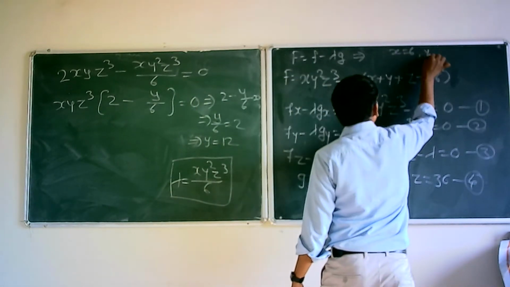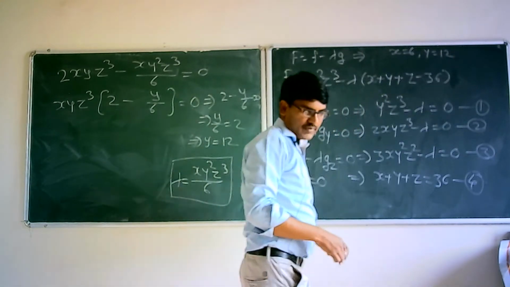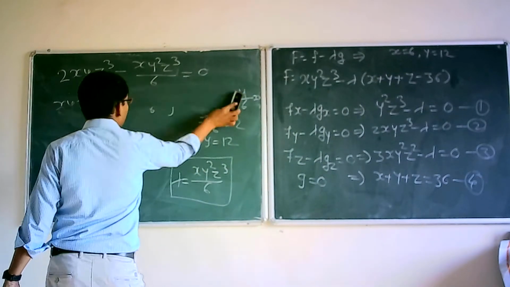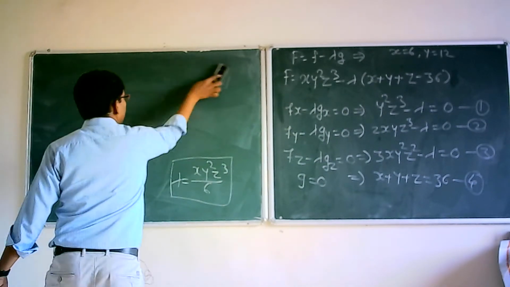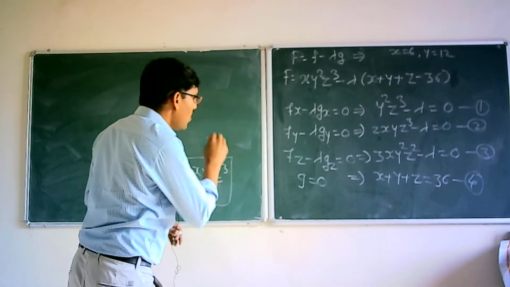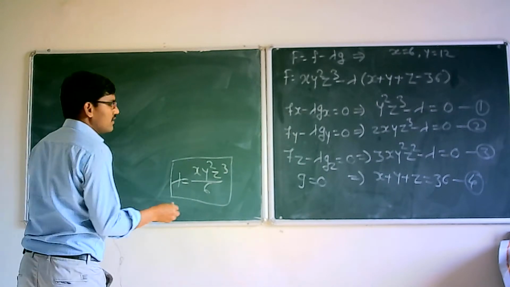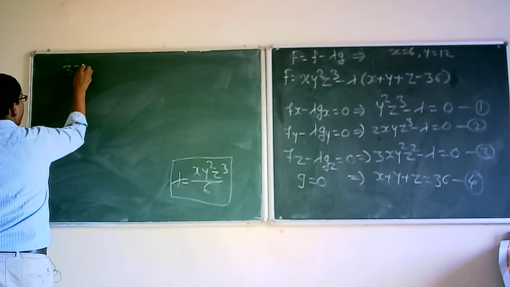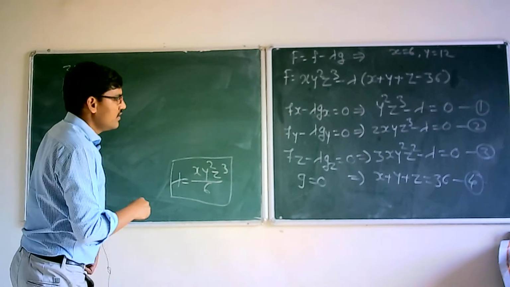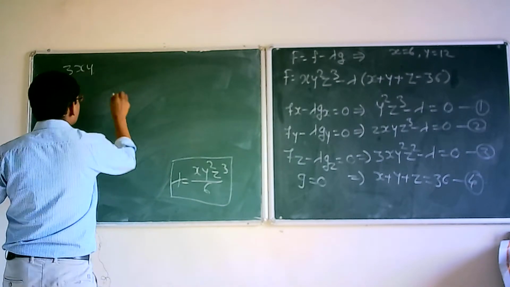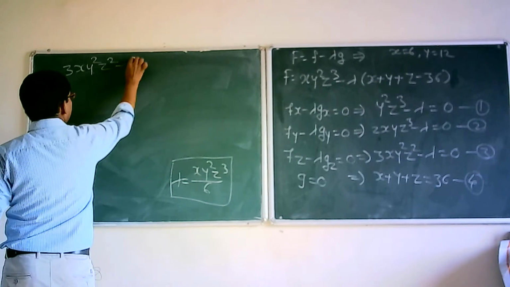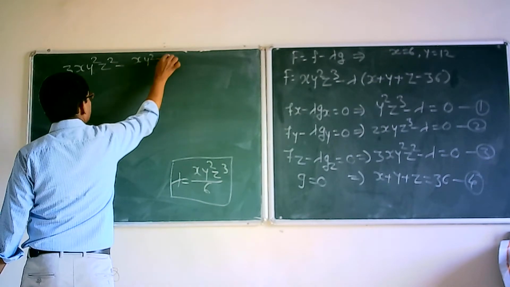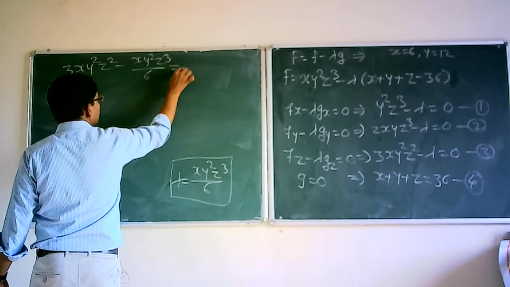Now similarly, if you put your value of lambda in the third equation, then what is the third equation? 3 times x y square z square minus lambda, that is x y square z cube divided by 6, is equal to 0.